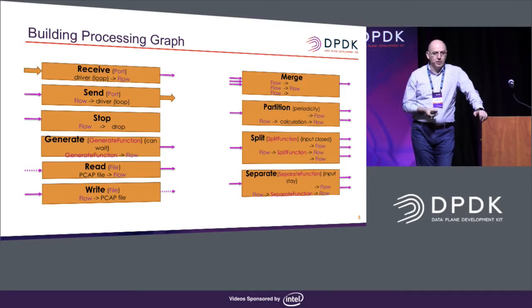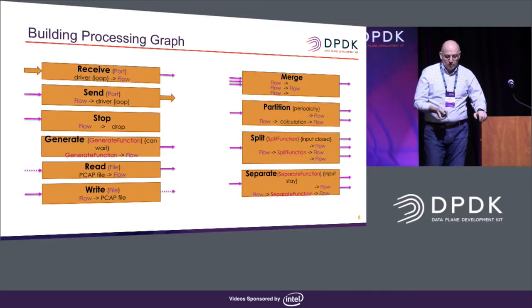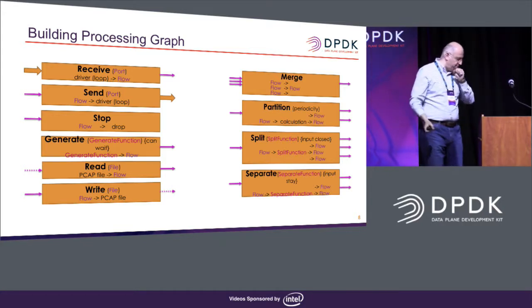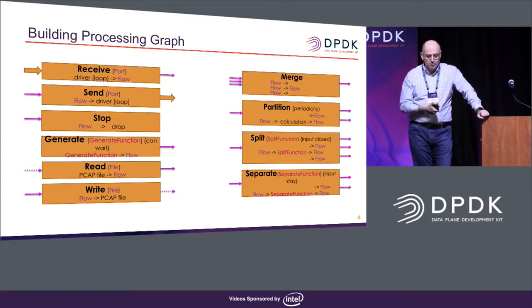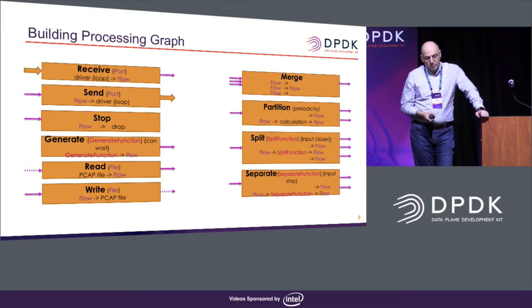There's stop, which terminates the flow. There's a generate function, which creates the packet, and you can send it to any flow you want. Read and write are mainly for debug purposes. They allow you to read and write from PCAP files.